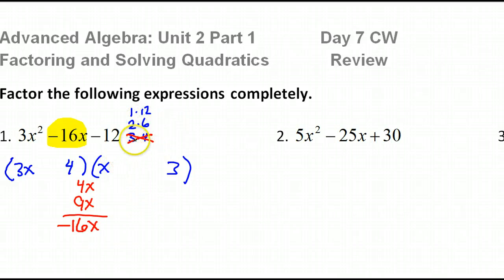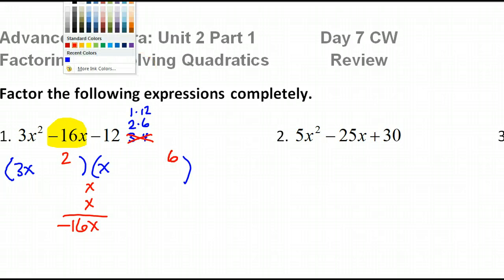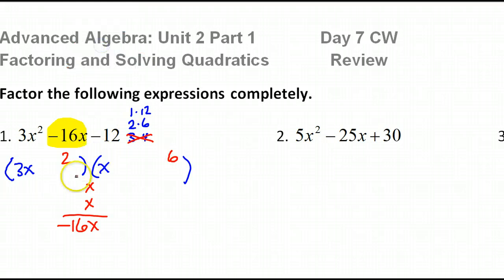So I will go on and try 2 times 6. Okay, so let's start over a little bit. Starting over with 2 times 6. Alright, one more time. And am I going to try 2 times 6? Or am I going to try 6 times 2?